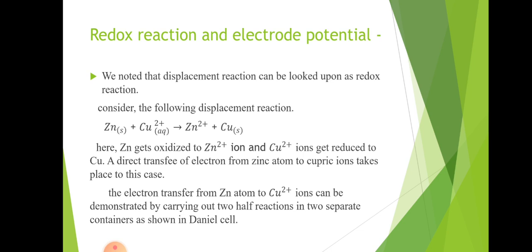In this Daniell cell, electricity is generated by a redox reaction, as shown in the figure. The potential developed between the two electrodes, the anode and the cathode, the negative and the positive electrode, is called the electrode potential.